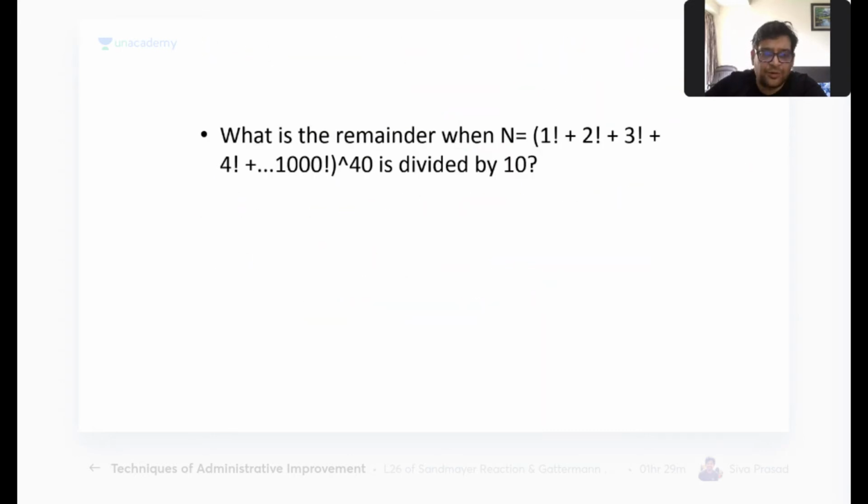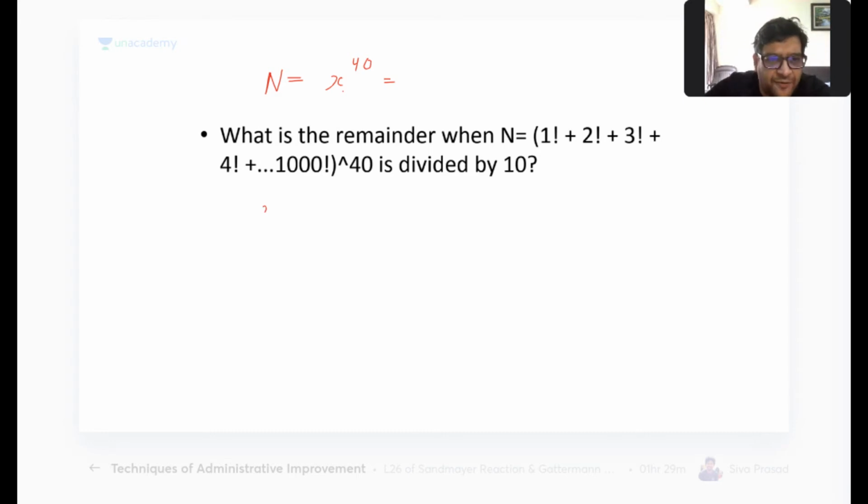So in this question also, suppose n is a very big complicated number. So n is x to the power of 40. If I can find out the last digit of x, I will raise it to the power of 40 and my job will be done.